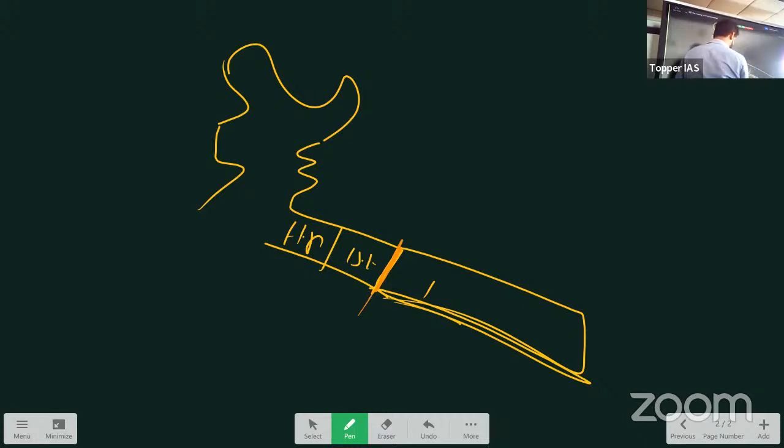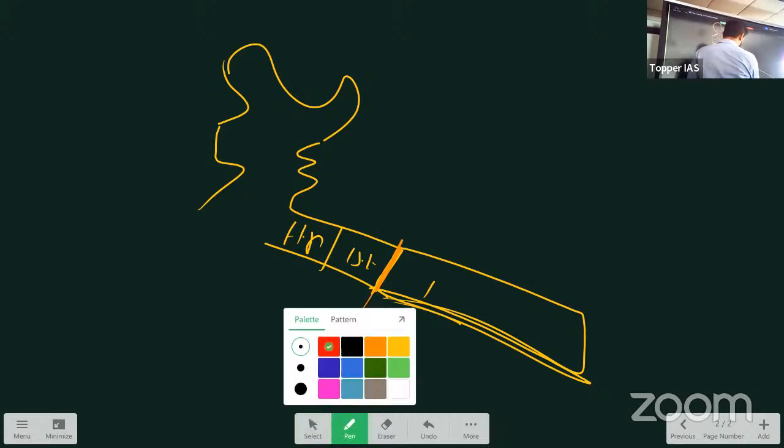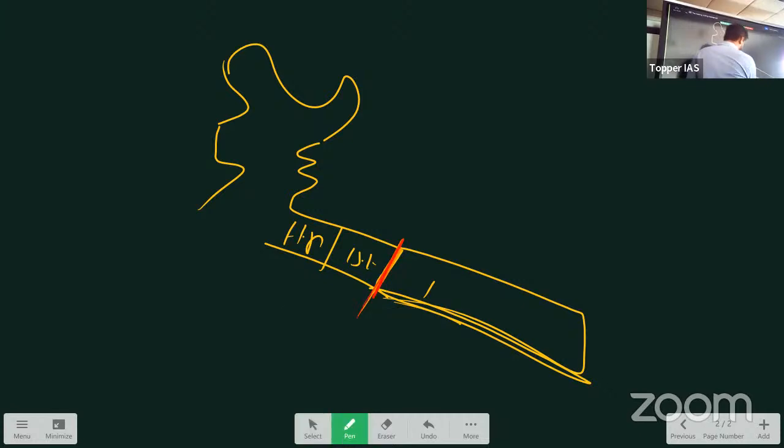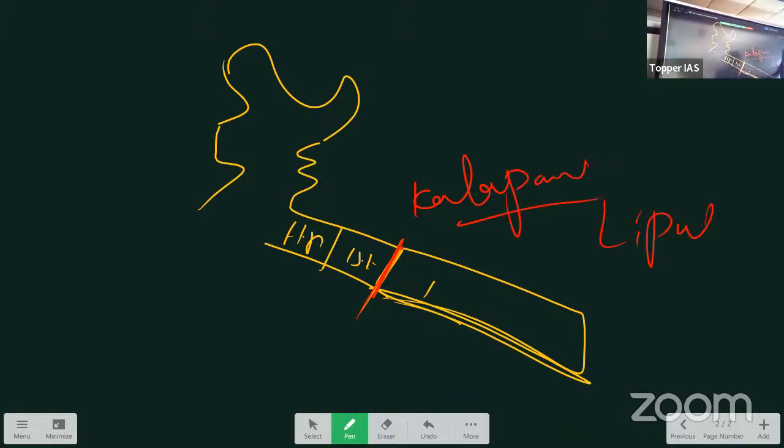What is the name of this river? It's the Kali River. The source of the Kali is a little bit disputed here, so that's why there is some dispute. So there are disputed points here. They are called Kalapani, Lipulekh, and Limpiyadhura.